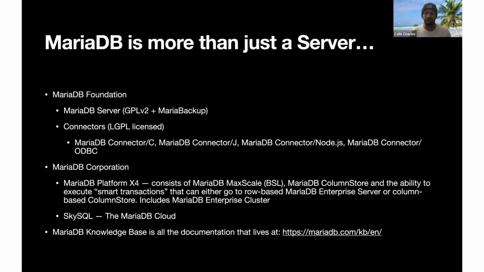And the choice is really defined by the proxy, which is MaxScale in this situation. And of course, it also includes MariaDB Enterprise Cluster. And you may be wondering what would be different there from a regular Galera cluster. One of the main differences is that the Gcache can also be encrypted with MariaDB Enterprise Cluster.